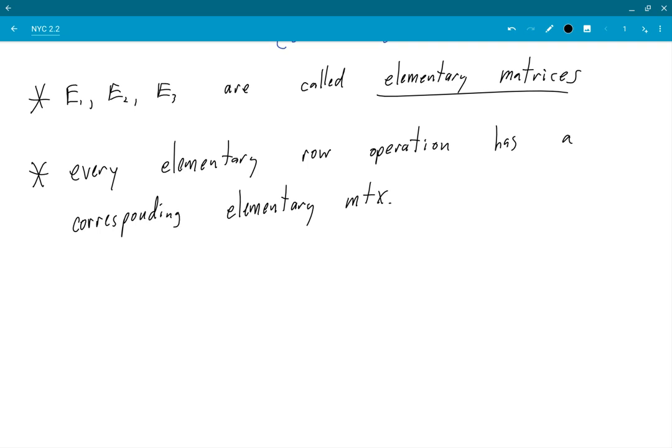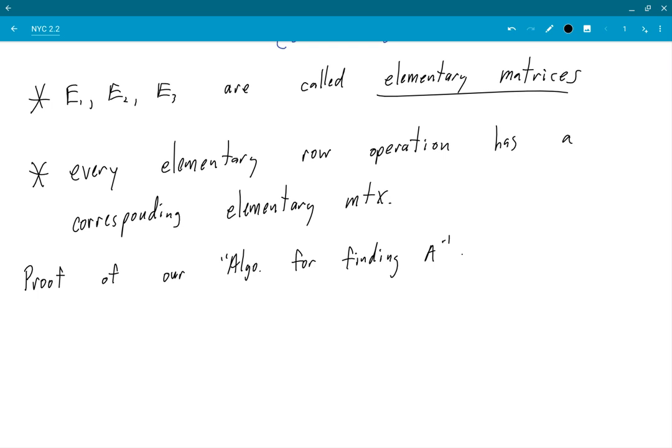Okay, so what are we doing this for? Well, we want to prove our algorithm for finding A inverse.